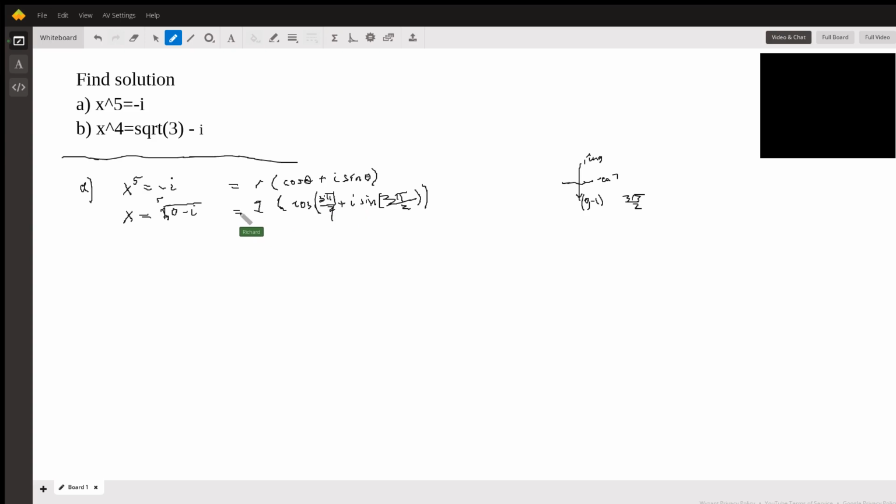Okay, so now DeMoivre's theorem says, if you want the fifth root, there are going to be 5 answers here.